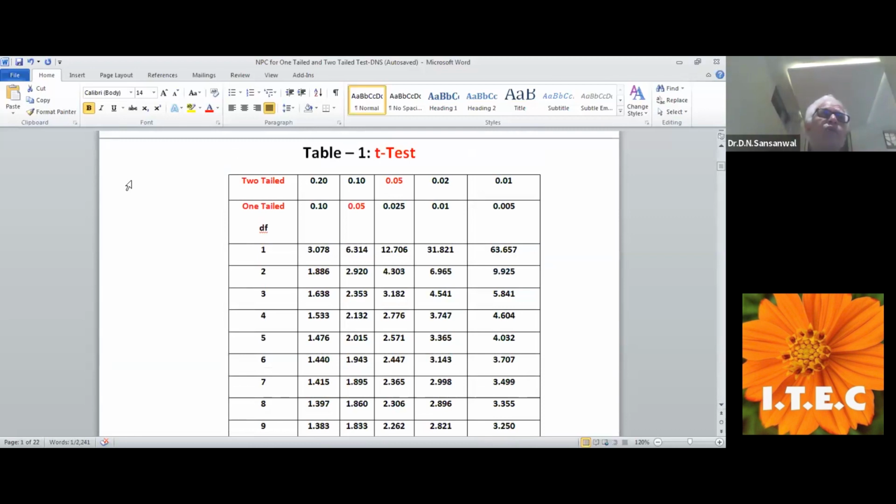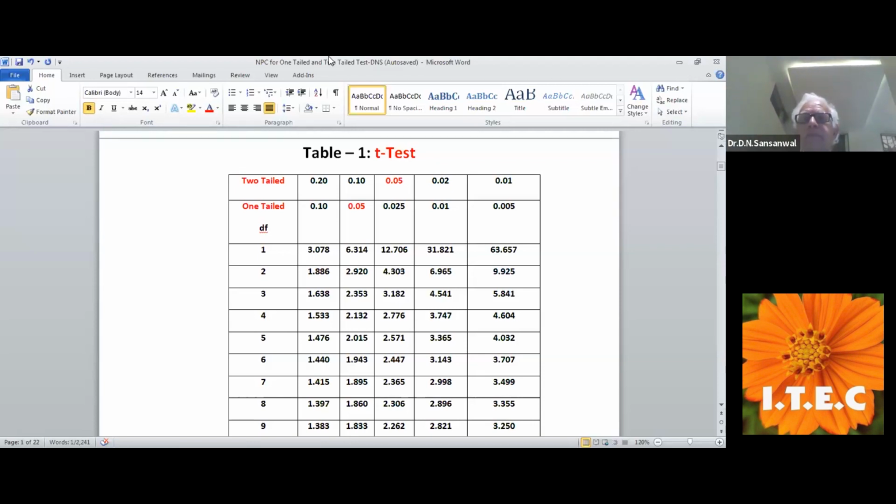And if you say that you are rejecting your null hypothesis at 0.90, that means you are ready to accept 90% error. Now, if you accept more error, then whatever will be the result of your research, will it be beneficial to the people or not? If error is less, will it be beneficial, or if error is more, then it will be beneficial?